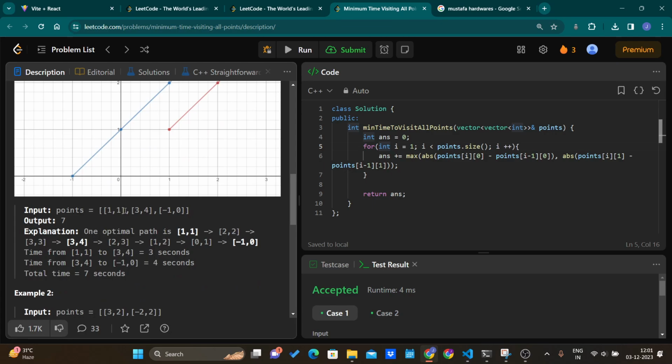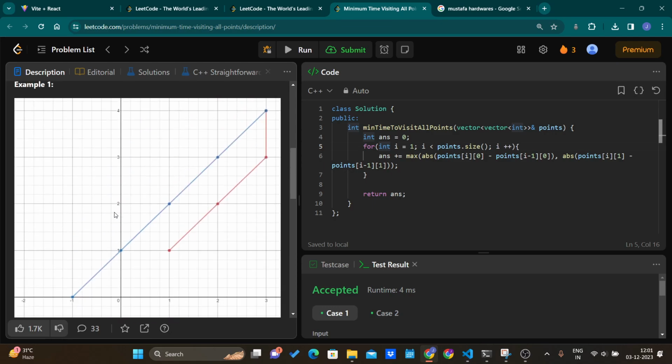So from 1 and 1 we can first move diagonally to 2 and 2. Then from 2 and 2 we can move diagonally to 3 and 3. Then from 3 and 3 we can move vertically to 3 and 4.